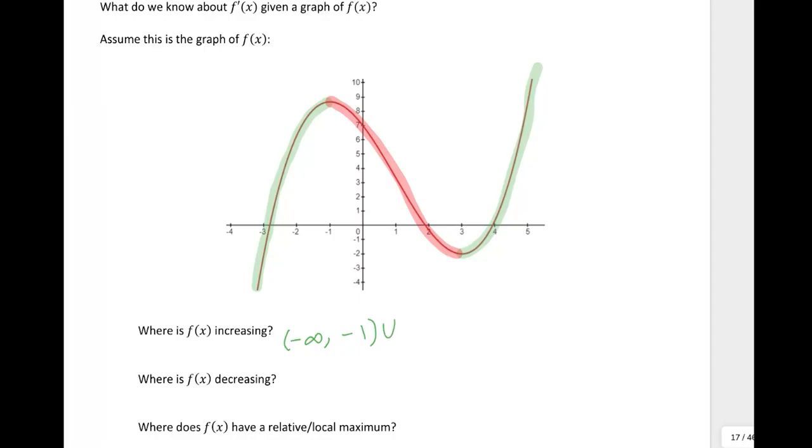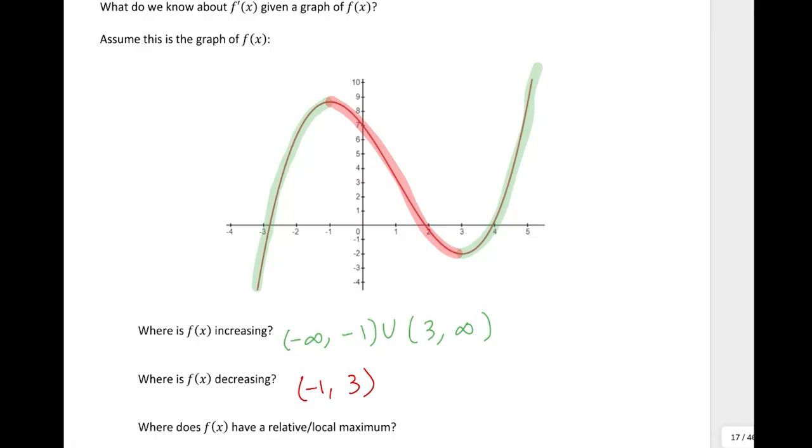If you use a comma versus the u, either way is fine. But also 3 to infinity. The function's decreasing in between those two intervals, between -1 and 3. So it's going up, coming down, going back up again.